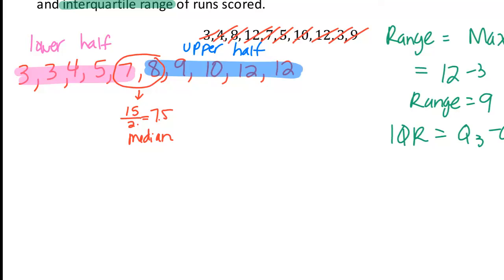All right, then for the lower half, I have 5 values. Do I have something in the middle this time? Right in the middle? Yes, we have 5 numbers. So 4 is right in the middle. So Q1 is 4.